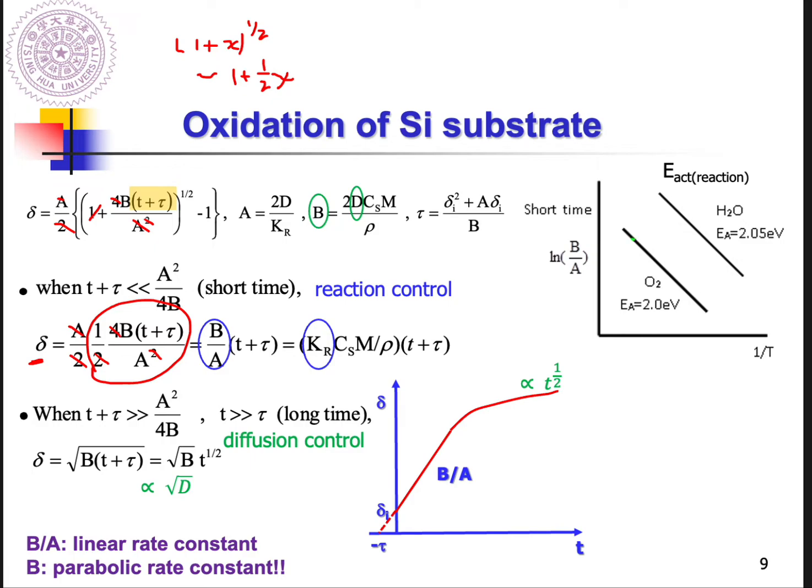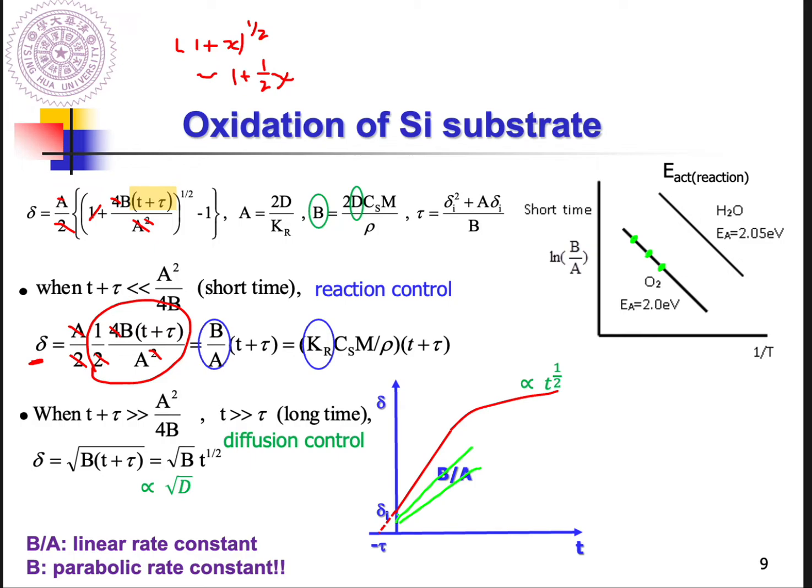Then you got this value, and if you decrease the temperature, probably you will get this one. Decrease the temperature, then you also measure the delta, the thickness for a shorter reaction time, then you got this slope, right? And after fitting, you probably got this T2, and probably T3, decreasing to T3.